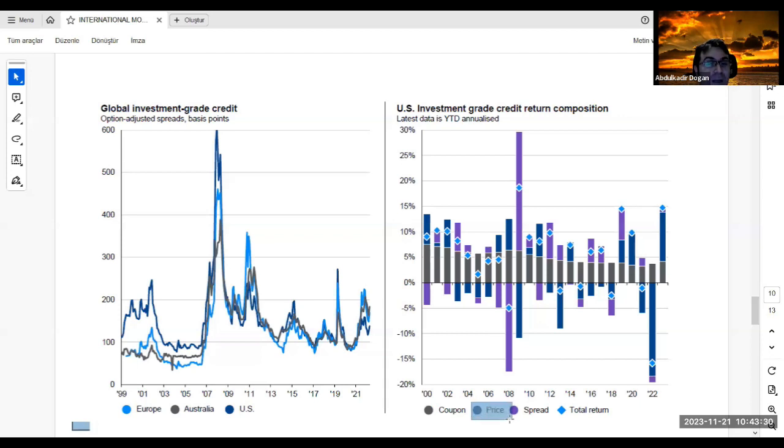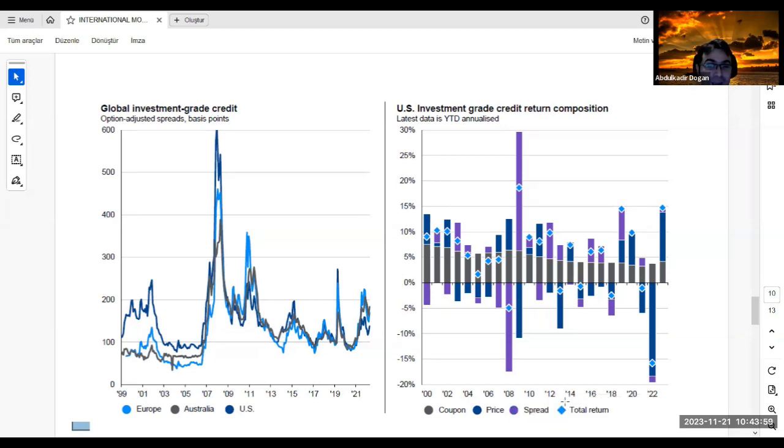This dark blue line shows the price changes of the bond. If the interest rate increases, the price of the bond will decrease, and vice versa. If the interest rate decreases, the price of the bond will increase. This will be my return because of the price changes. And this purple line will be the spread return, because of the risky asset versus the riskless asset.